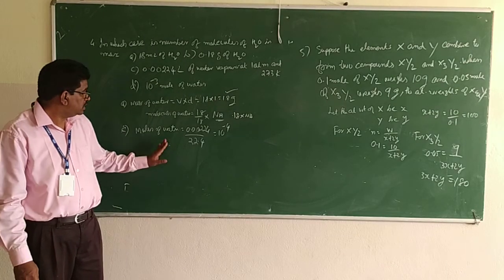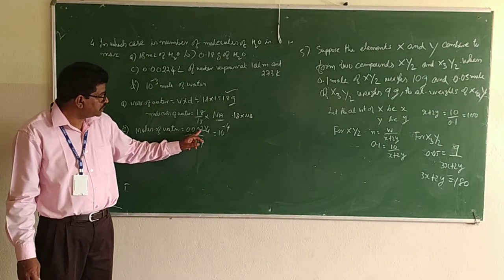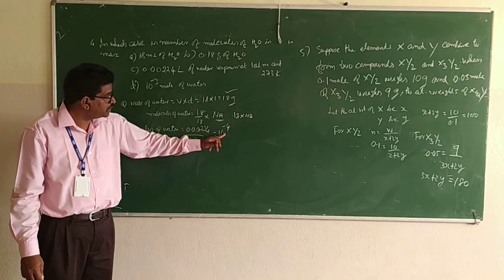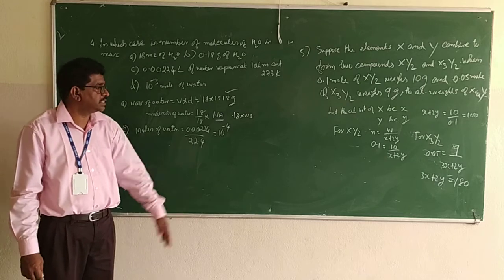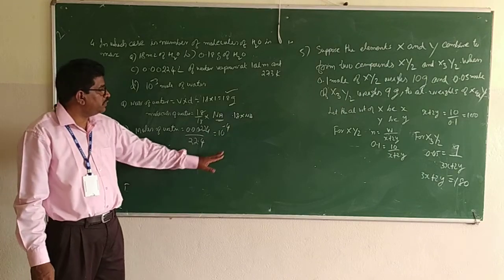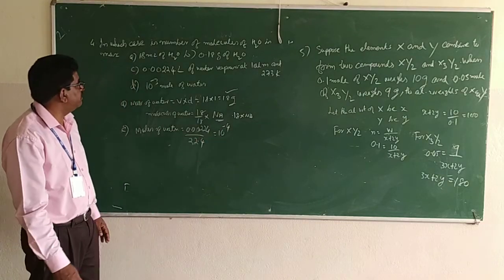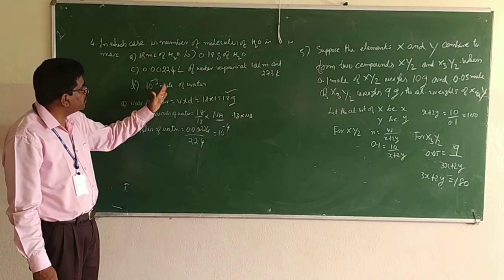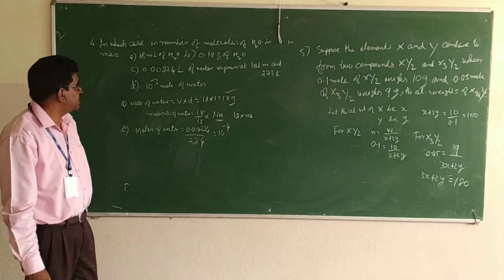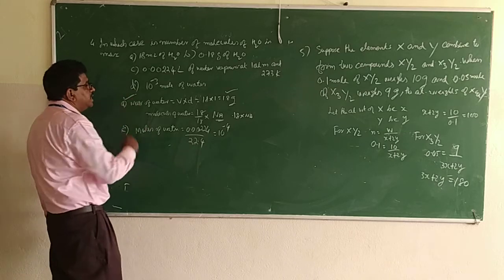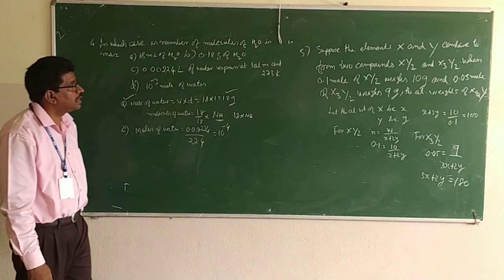So here number of moles of water is equal to 0.00224 by 22.4, that is equal to 10 to the power minus 4 moles. Still it is less, 10 to the power minus 4 into Avogadro number, a very small value. Another one is 10 to the power minus 3 mole of water. That also will be very less when compared to option A. So option A is the correct answer.